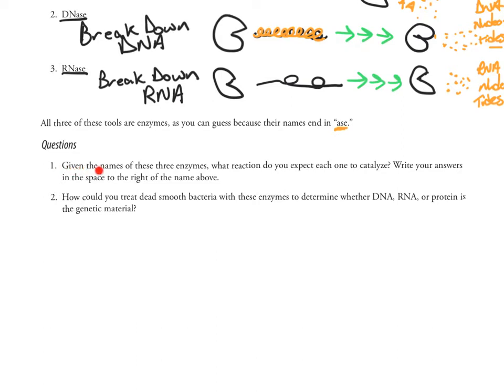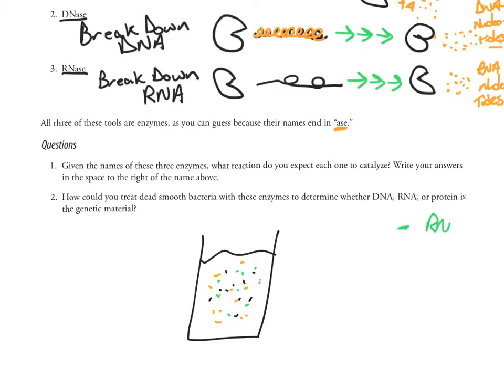Okay, so it looks like I gave you the answer for number 1 already. It's all above. But what do you think? Can you do number 2 before we go on? Can you design an experiment? Pause the video or stop it, and draw out a beaker with the materials from the dead bacteria all floating around in here. How would you treat this material, if green were RNA and orange were DNA, because DNA's in there, RNA's in there, right?